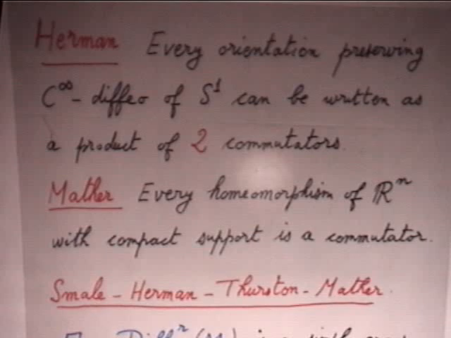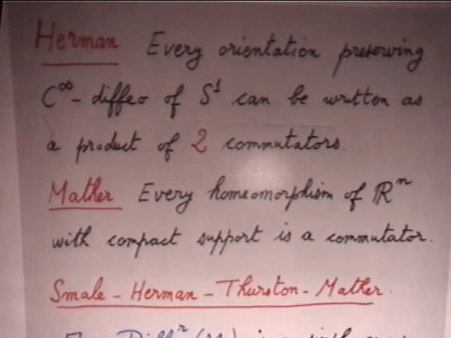That's a non-trivial theorem. A slightly easier theorem, due to John Mather, is essentially the same, but in the context of homeomorphisms of Rn with compact support. John Mather proved that any homeomorphism of Rn with compact support can be written as one commutator. This is not so difficult.